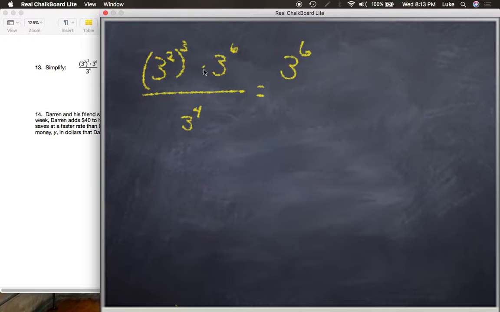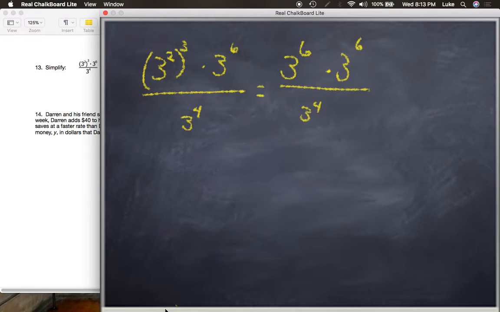Now, we're multiplying that by 3 to the sixth power again, and still dividing that by 3 to the fourth power. Now, we're still dealing with the numerator, the top numbers here. When we have base numbers multiplying with exponents, that's the additive property of exponents, and that's going to be adding the 6 and the 6 here.